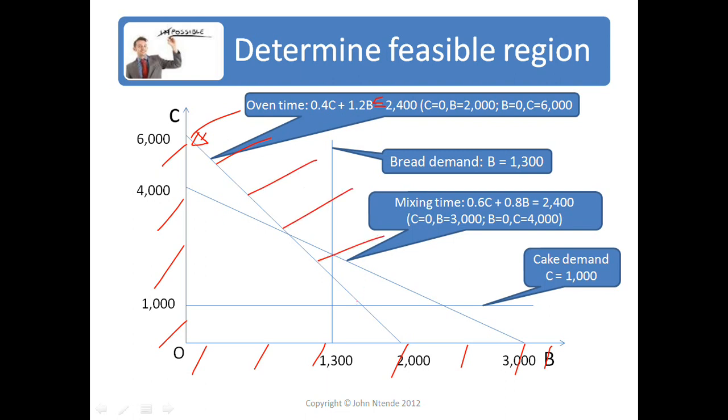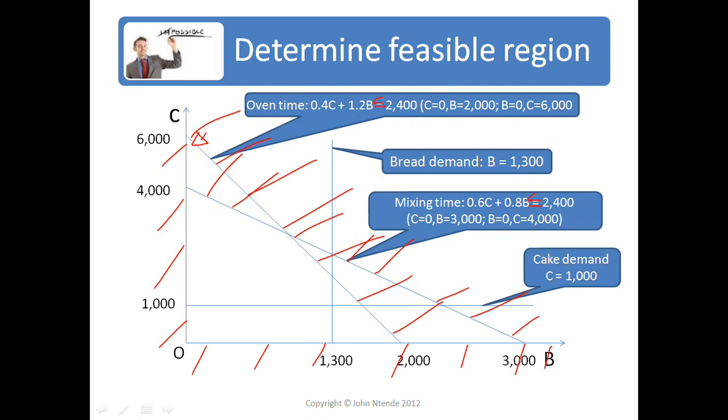So we're shading off the unwanted region. We're going to do the same thing for mixing time. We're told that mixing time should be less than or equal to 2400. So we shade off the upper side just like this. So this side represents the greater than side, and we're not interested in this.